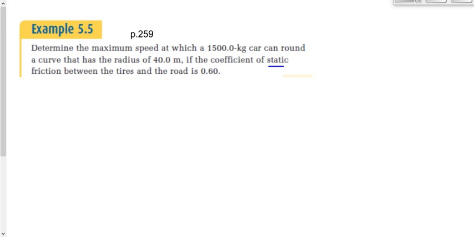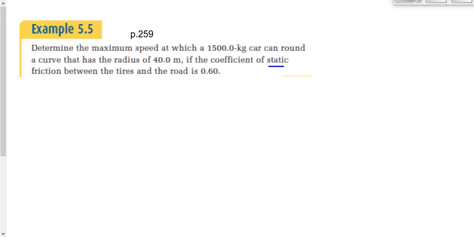When I swung the keys around my head, what was the centripetal force caused by? My hand. When the Earth goes around the sun, what's the centripetal force caused by? Gravity. When the electron orbits around the nucleus, the centripetal force is caused by an electric force. There's always another force that we just call the centripetal force.